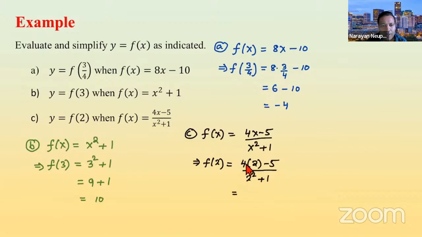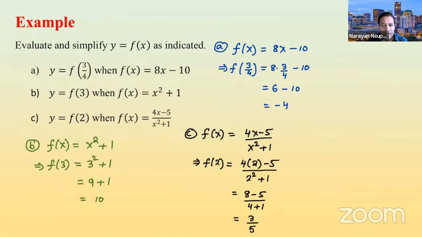Which is equal to, now you can see here, 4 times 2 is 8. 8 minus 5, divided by, in the denominator, this is 2 squared, which is 4, plus 1. So what we get finally is 8 minus 5 is 3, over, in the denominator, we have 4 plus 1, that is 5.